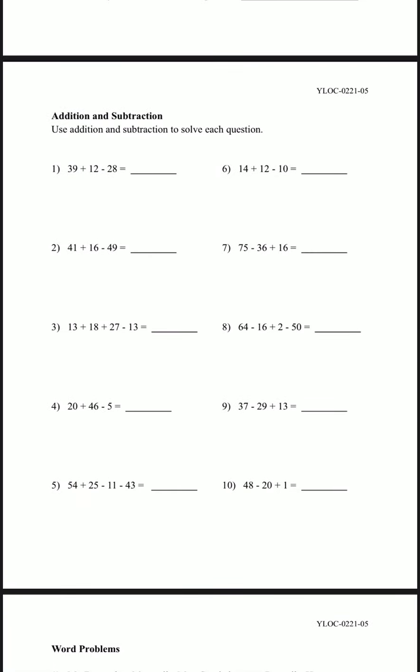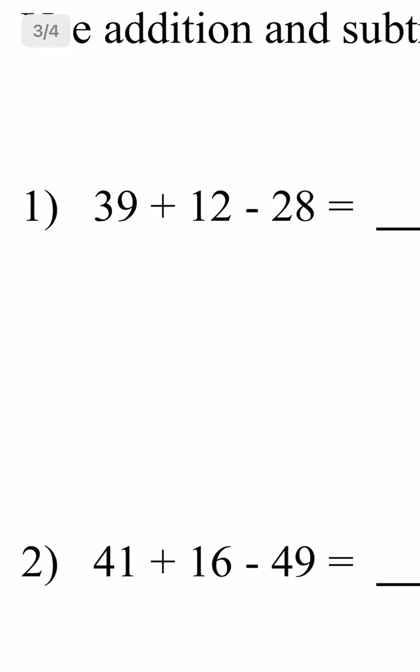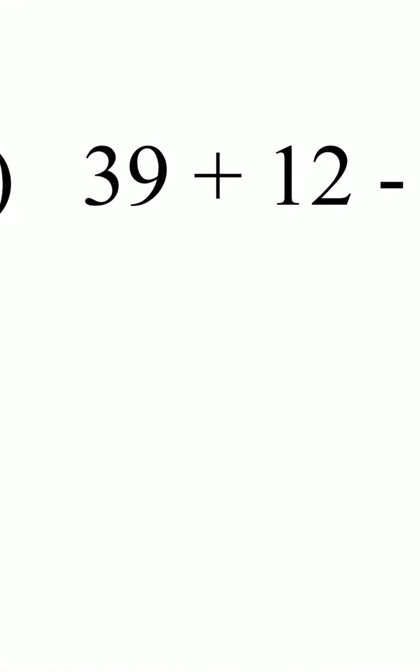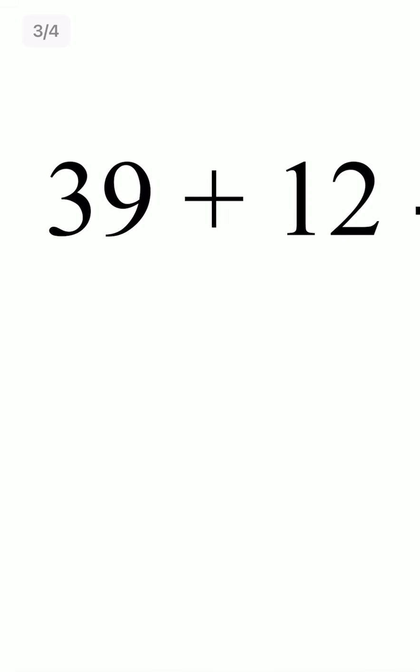For this part, we have to use addition and subtraction to solve each question. Let's look at number 1. For number 1, we have 39 plus 12 minus 28. So let's first add them together. 39 plus 12.